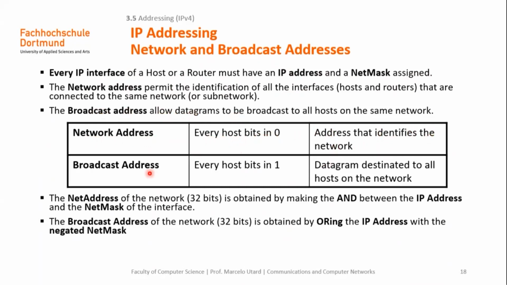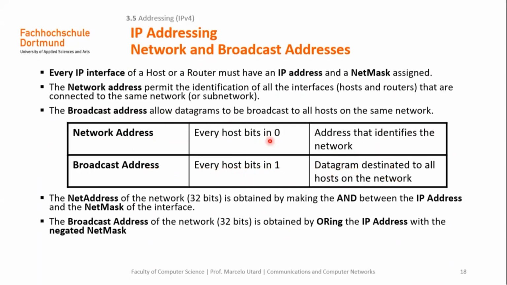The broadcast address allows datagrams to be broadcast to all hosts on the same network. That is, the broadcast address is an address used to deliver a datagram to all hosts on the same network or subnetwork. In that case, every host bit is in 1.